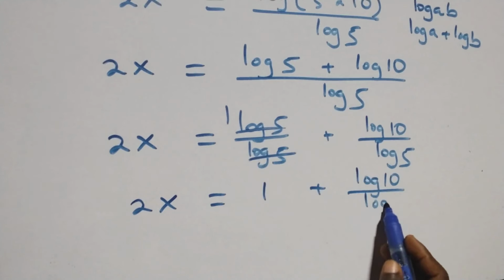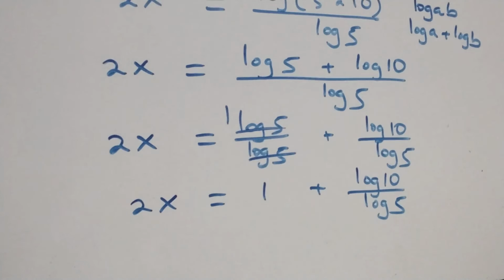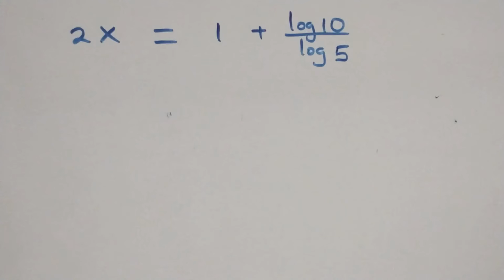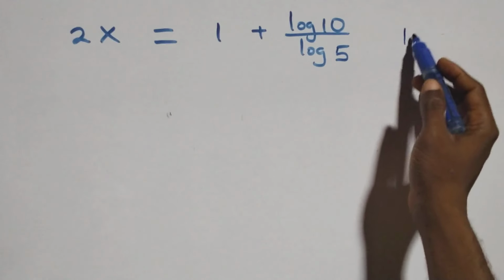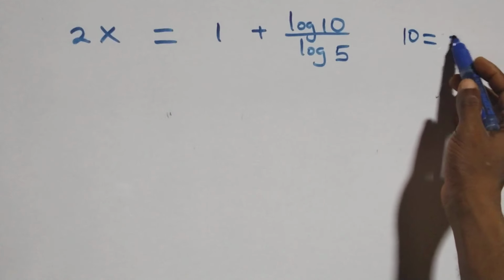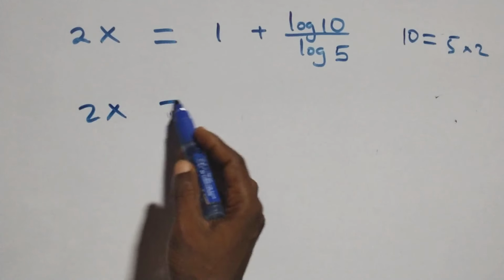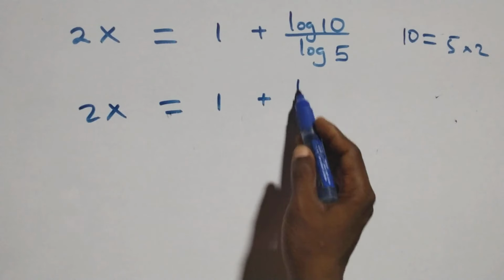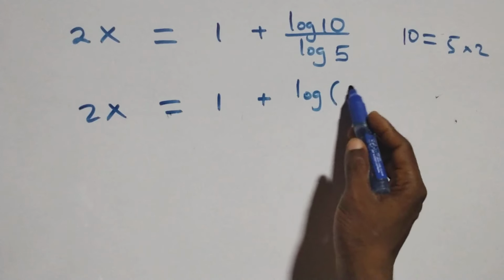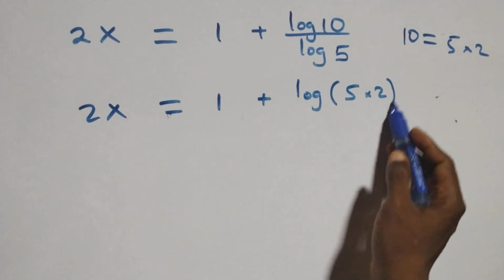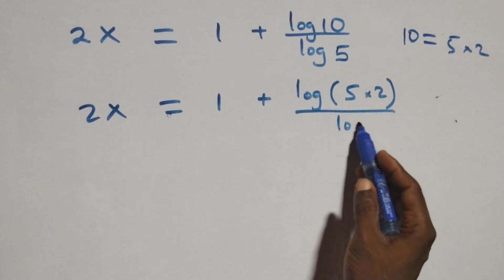over log 5. That is, next step here, also 10 can be written as 5 times 2. And what we have becomes 2x equals 1 plus log 5 times 2 over log 5.